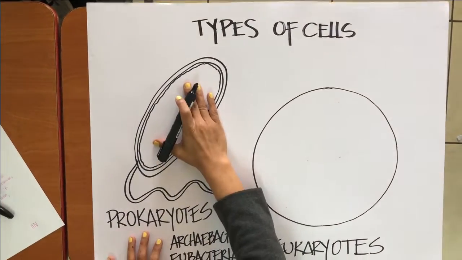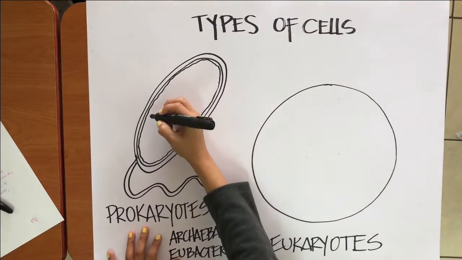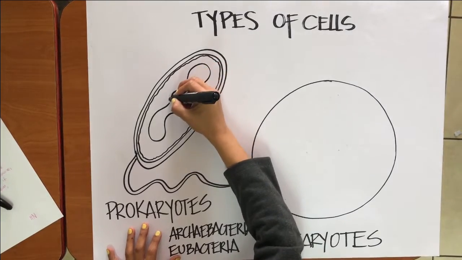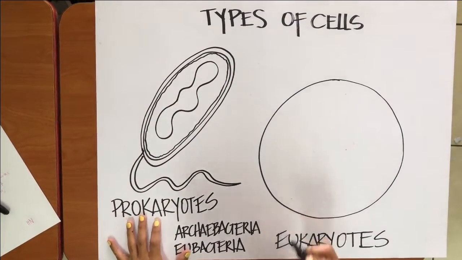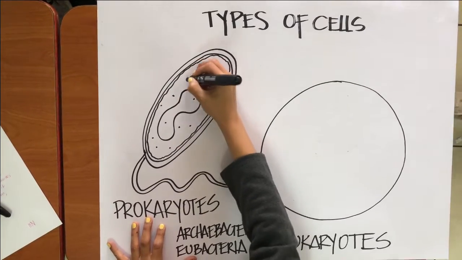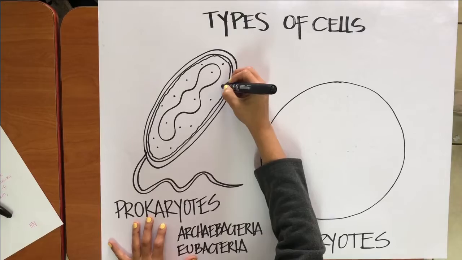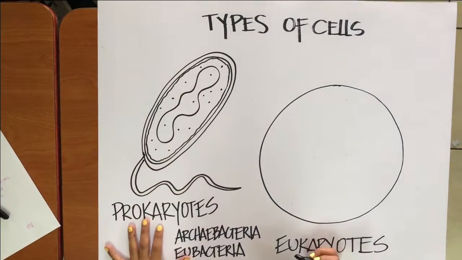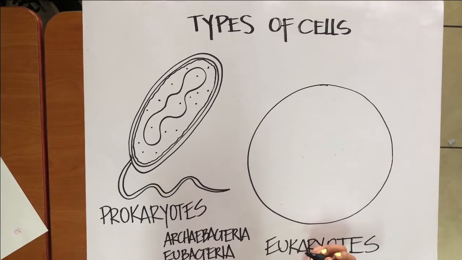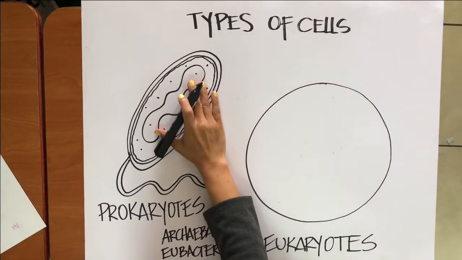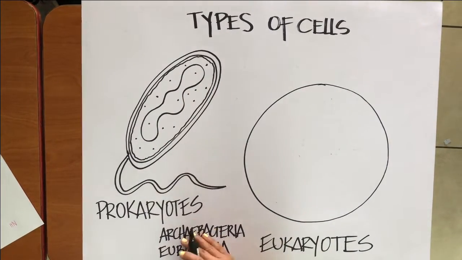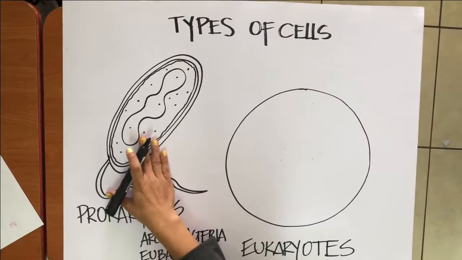And inside of it, you're going to have the cytoplasm, and a single strand chromosome. You're going to have also these tiny units called ribosomes, which are the ones responsible to build up proteins within this cell. No complicated organelles inside, none of that. They're kind of simple, and as I said before, normally they're smaller.